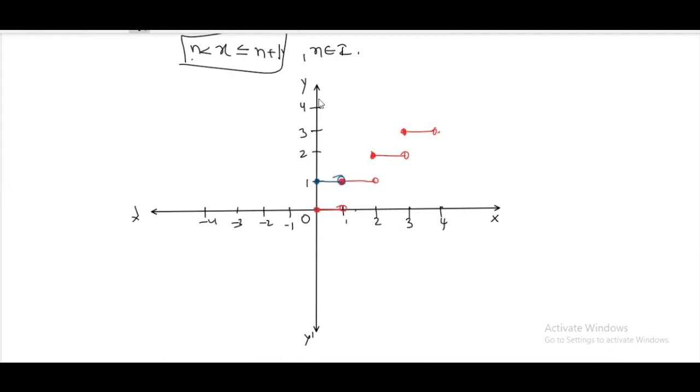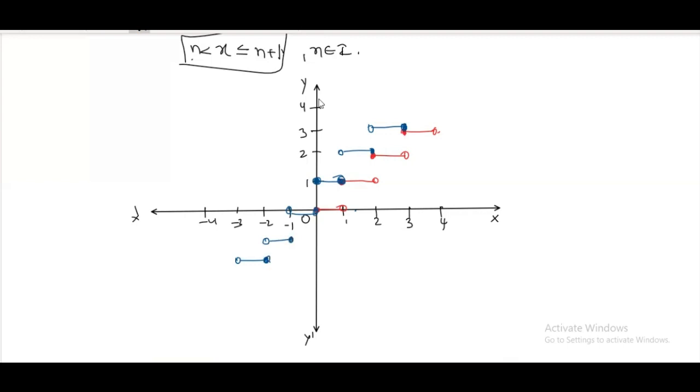Then it will jump to 2, and so on. It is just completely opposite to this one. Here it is closed, open; here it is closed, open, closed, like this. It is just the reverse of the graph of the greatest integer function.